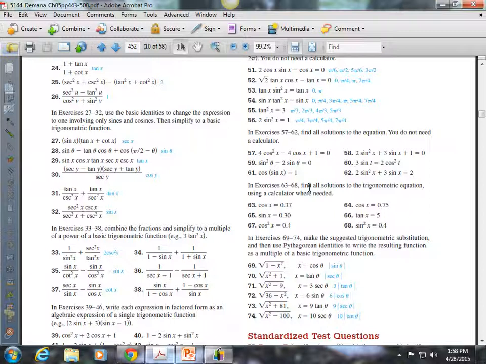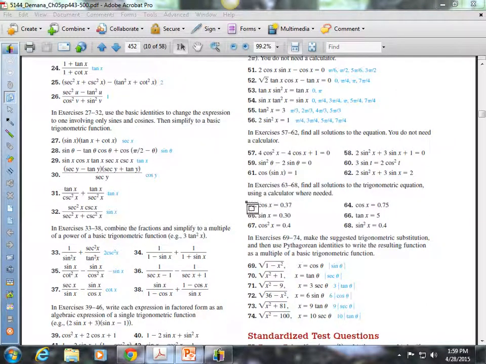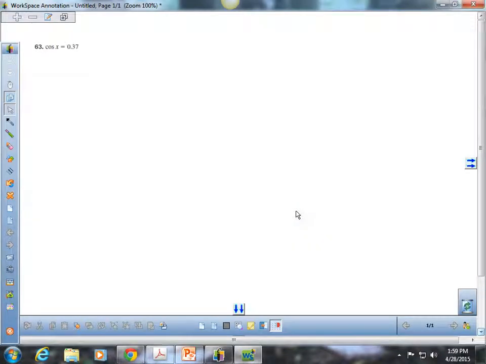So when we find our angles, we're going to add either 2 pi times some constant k, or 360 times some constant k. Looking at 63, cosine x equals 0.37. Is 0.37 a special function value that we know for cosine?